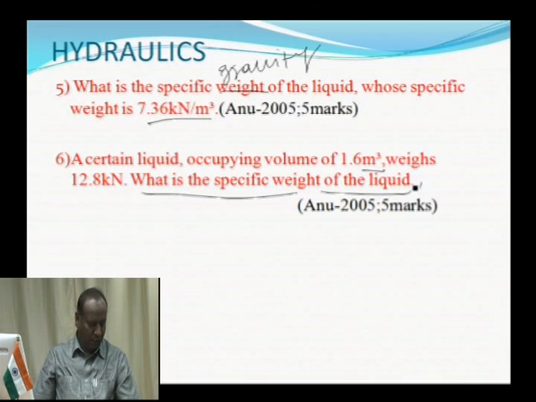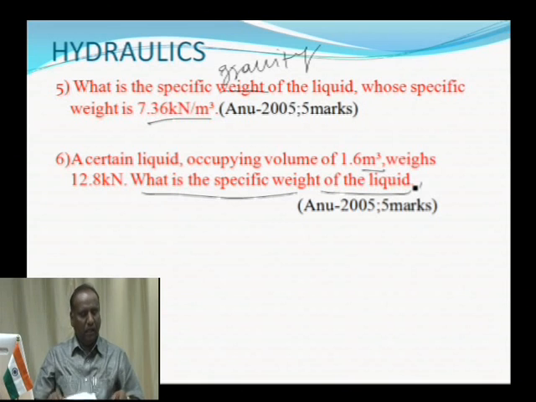We have also understood the different properties, that is density, specific weight, specific gravity, surface tension, compressibility, capillarity and viscosity.